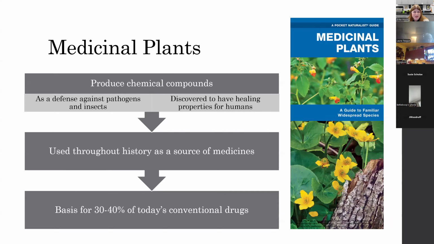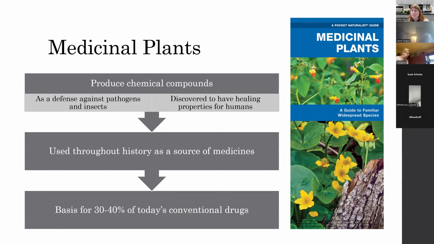But to go beyond that, when we're looking at medicinal plants, how do plants become medicinal? Why are these compounds there in plants, and how can they ultimately impact or even benefit us as humans and animals as well? To break that down, plants produce different types of chemical compounds.